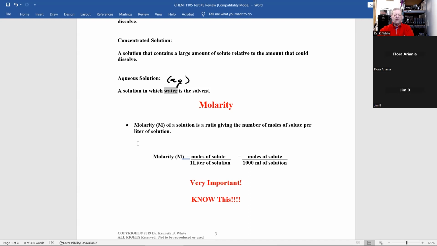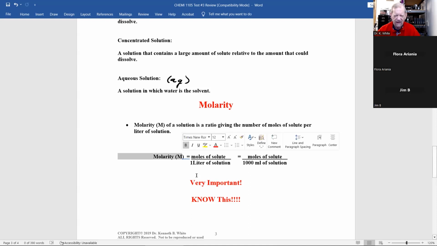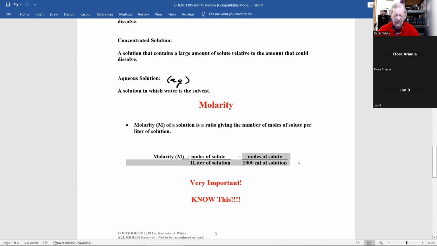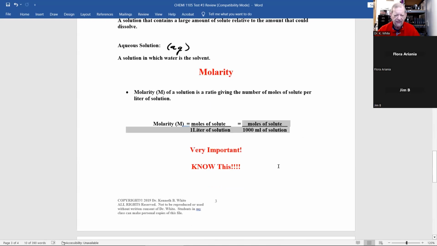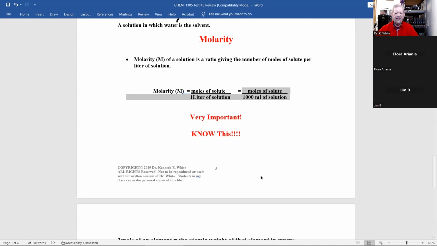And molarity, which is designated by capital M, is the ratio, and I'll never ask you the definition of molarity, of a given number of moles of solute per liter of solution. But you should know molarity equals moles of solute per liter of solution, but 1 liter of solution is 1,000 milliliters, and this is the most important thing. Know this.